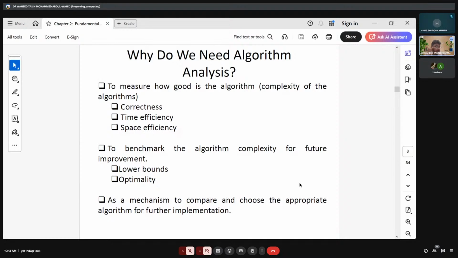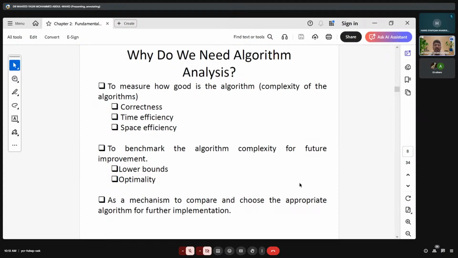Why do we need to analyze algorithms? To measure how good the algorithm is: its complexity, correctness, time efficiency, and space efficiency. To benchmark the algorithm's complexity for future improvement, lower bounds, and optimality.